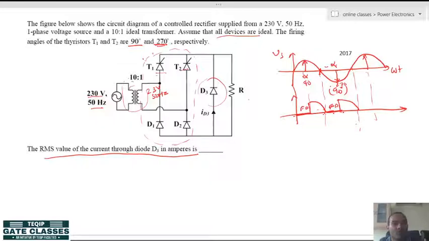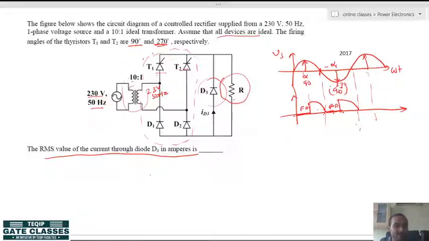Now, since it is a resistance load, you have to see one more thing: it is not a constant current load. So for a resistance load, will this diode work or not? Just think about it, because resistance cannot keep the current continuous.